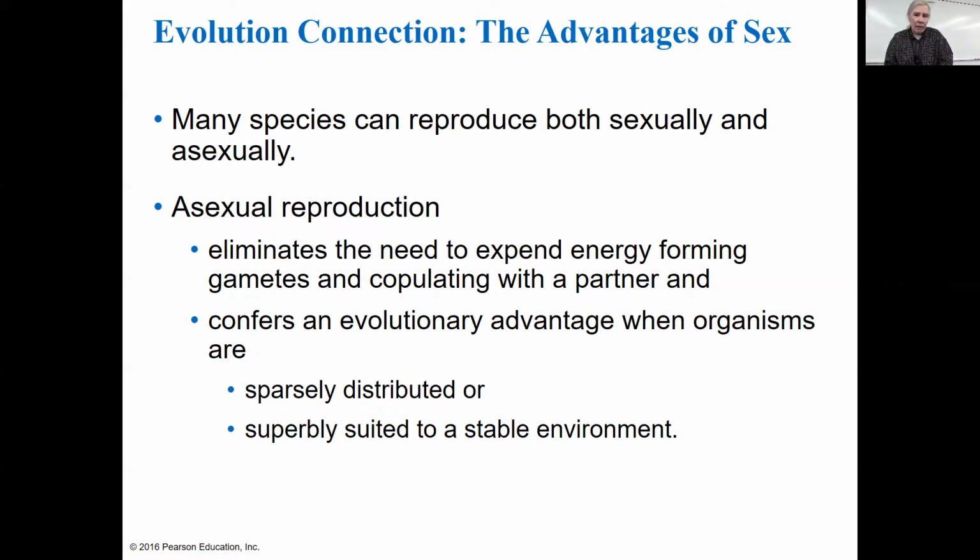In sexually reproducing species, only half the population gives birth. Females. Males are just sperm donors, you know? So we should be overrun with asexually reproducing species, and sex should be a really rare thing in special circumstances, but it's the other way around.